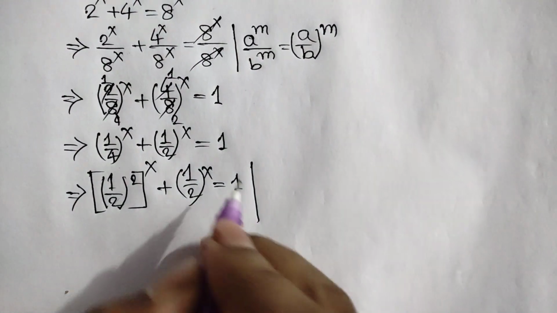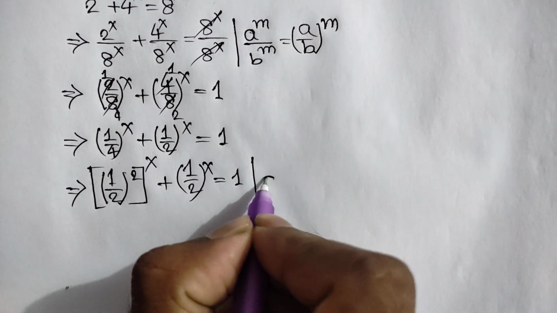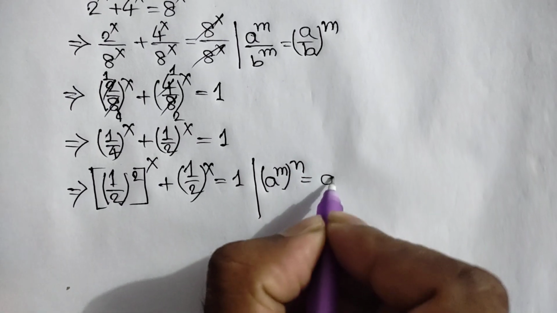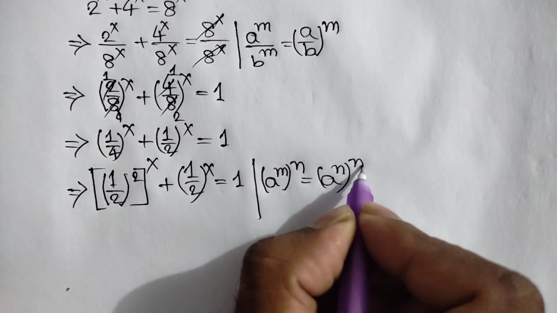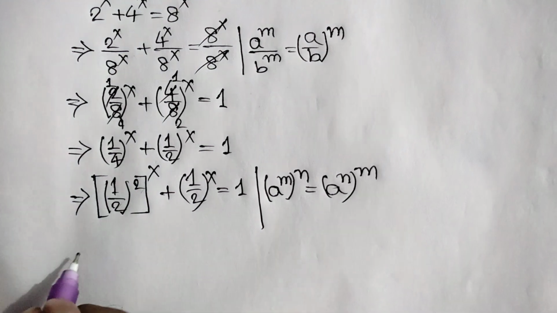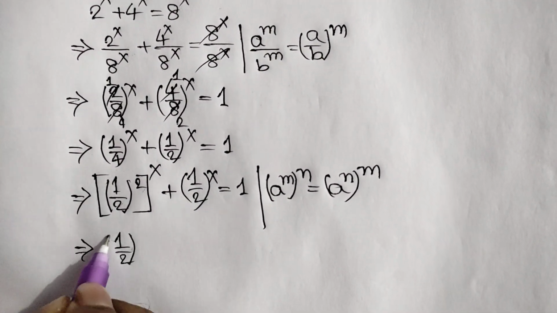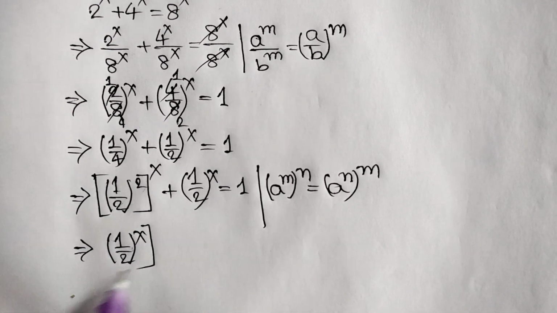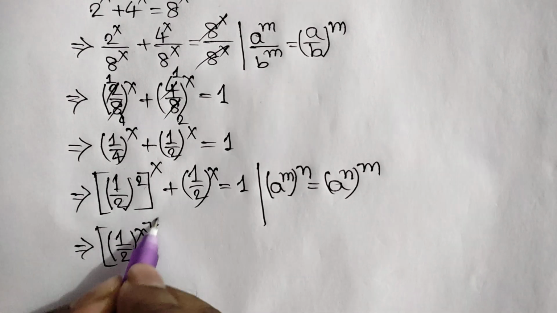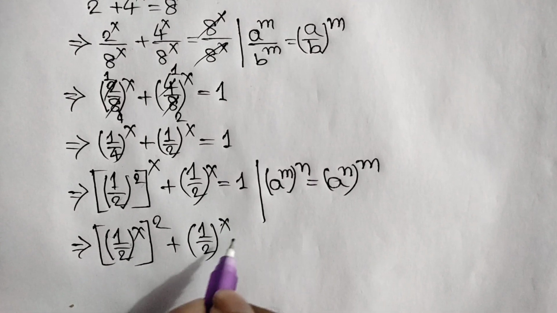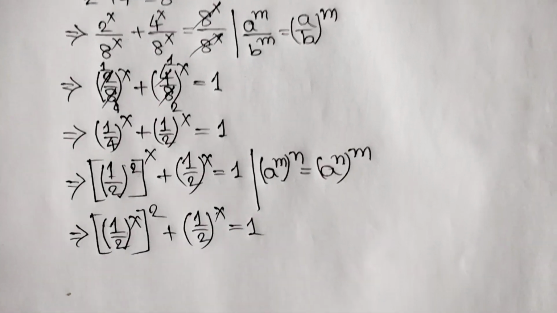Here we can apply this exponents rule: a to the power m whole to the power n is equal to a to the power n whole to the power m. Applying this rule, we can write 1 over 2 to the power x whole to the power 2 plus 1 over 2 whole to the power x is equal to 1.